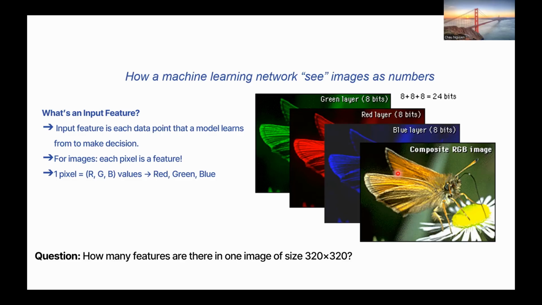So we have 3 of these stacked together. How big would all 3 of these be? If you count it in this way, 320 times 320 times 3 is 8. Yeah, that's one way to think about it.